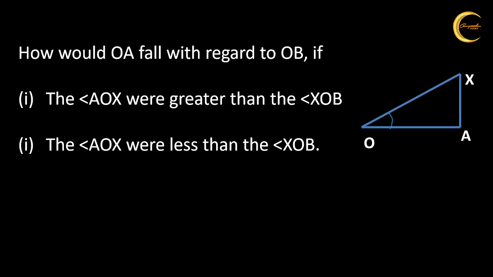If it is greater than XOB, then the line BX should be shorter than the line AX, so that this is the line of OB.